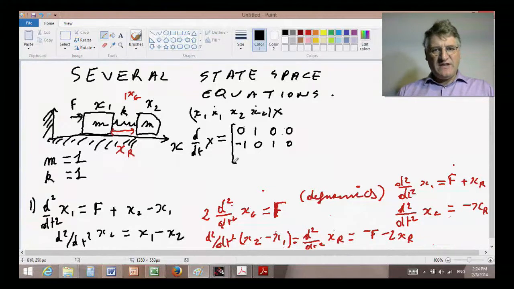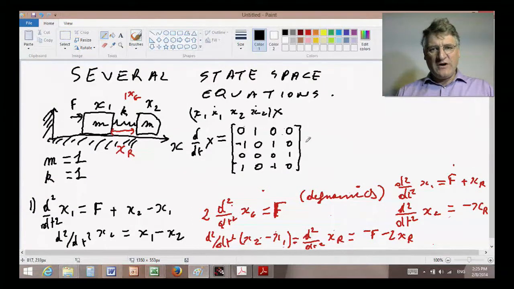The second state reads similarly, d dt of x2 is equal to x2 dot, and d dt of x2 dot is equal to x1 minus x2, 1, 0, minus 1, 0.